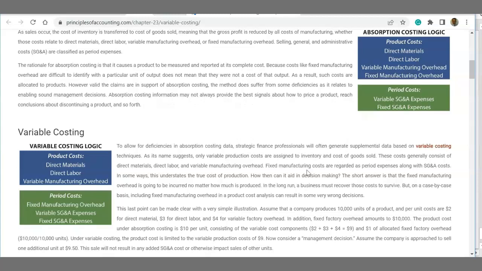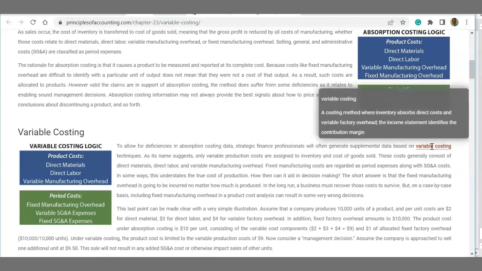However, we also have variable costing, which is a costing method where inventory absorbs direct cost and variable factory overhead. The income statement identifies the contribution margin. What is contribution margin? If you remember, contribution margin is the dollar amount left over that we can use to pay for fixed expenses.